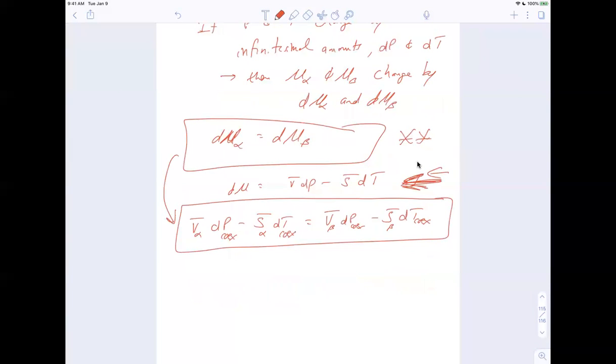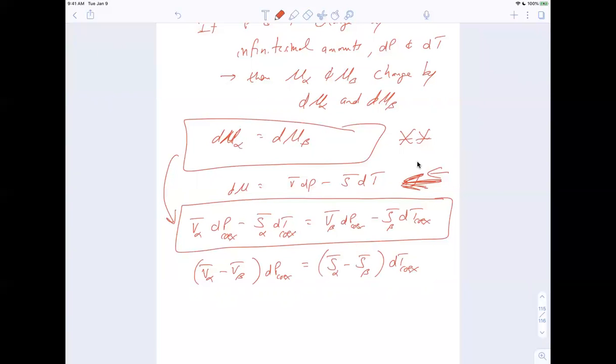So we'll do it this way: V bar alpha minus V bar beta. All I'm going to do is bring the V bar beta from the right-hand side to the left. That's why I have a negative. And that's going to be dP coexistence. And then I'm going to bring the S's on to the right-hand side of the equal sign. So there I'm going to have S bar alpha minus S bar beta times dT coexistence.